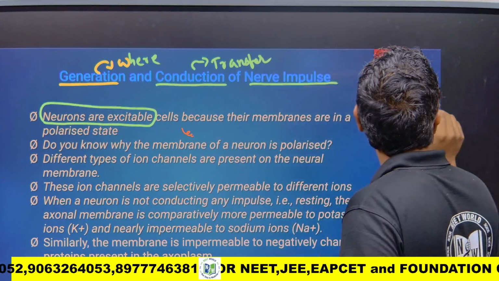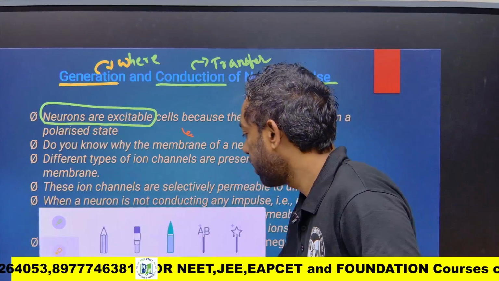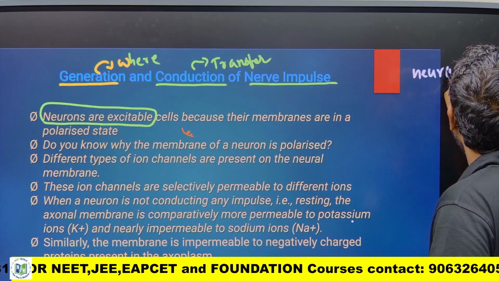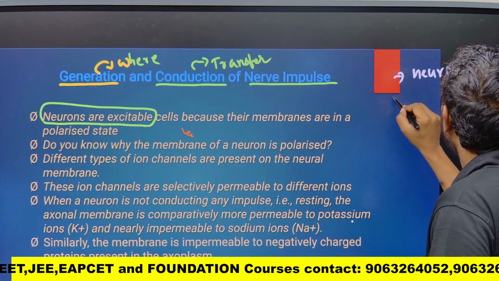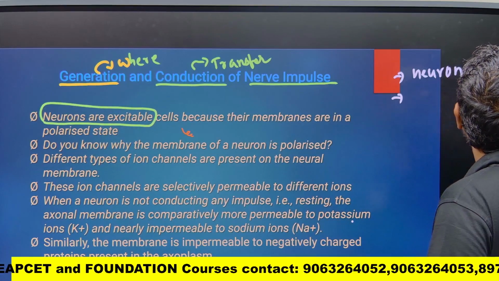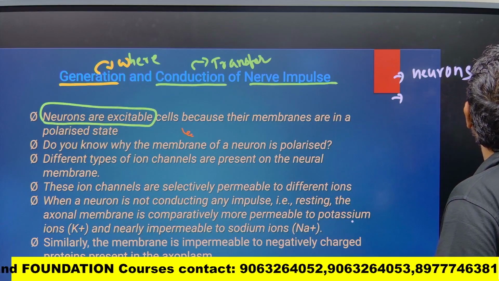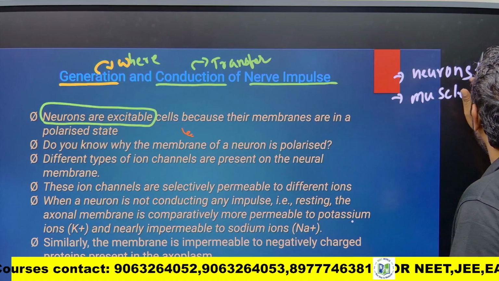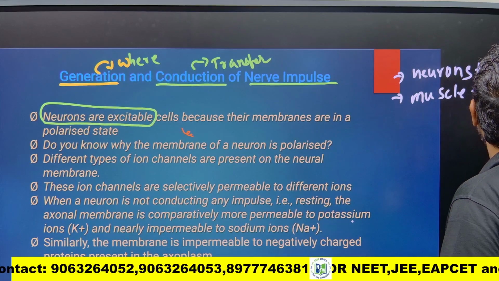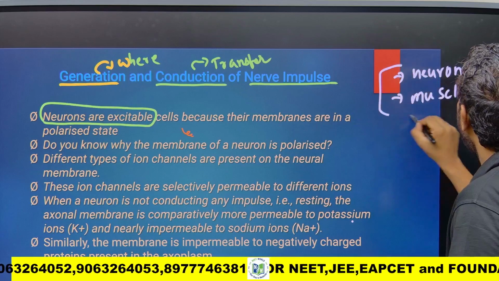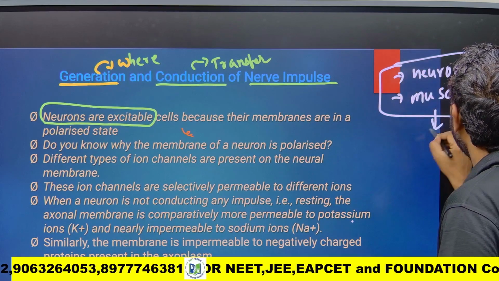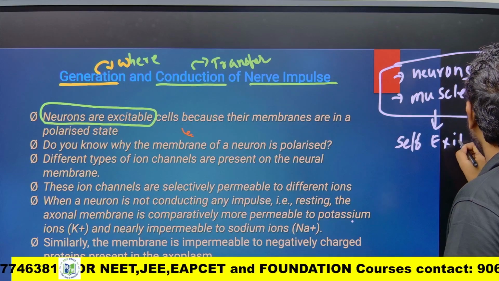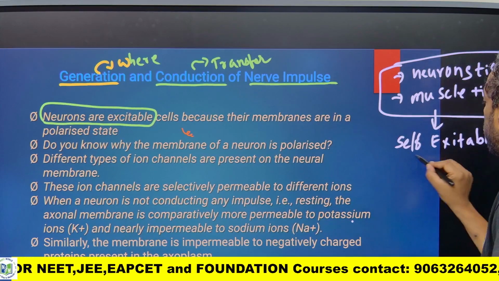Guys, you have to remember: nerve cells, neurons, neural tissue and muscle tissue, these are the only two that are self-excitable. This is a NEET point.